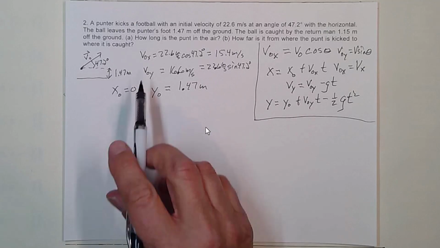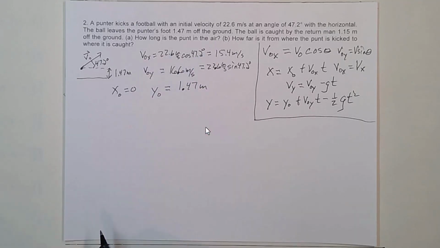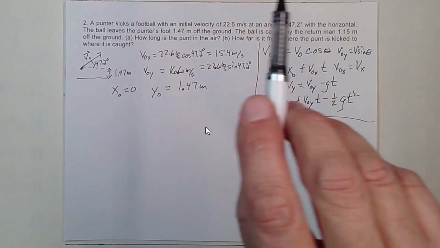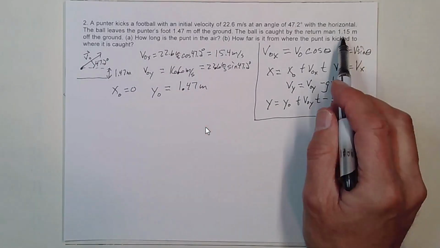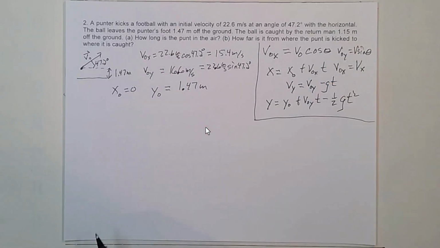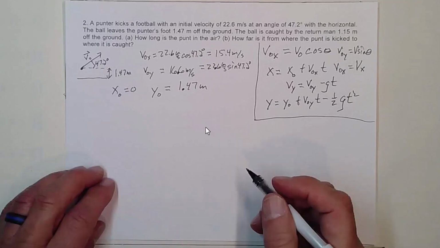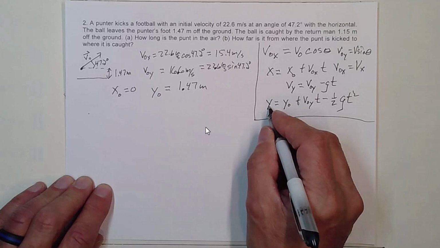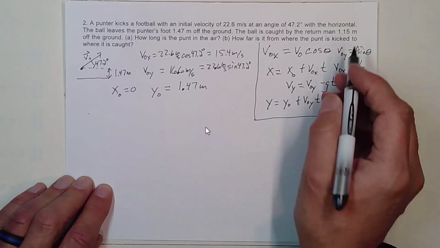Okay, how long is the punt in the air? Well, the punt is in the air until it goes up and over an arc and comes down, and it'll be 1.15 meters off the ground. I can take my y equation here and solve for a y value of 1.15 meters.